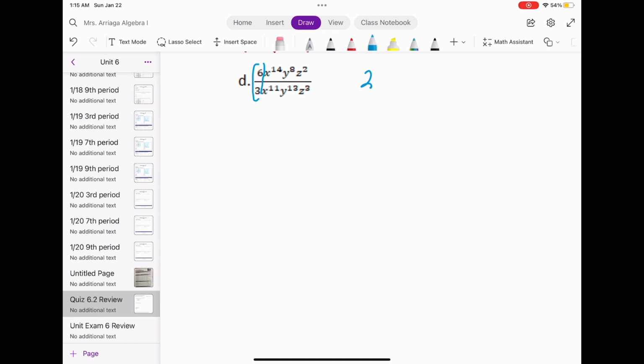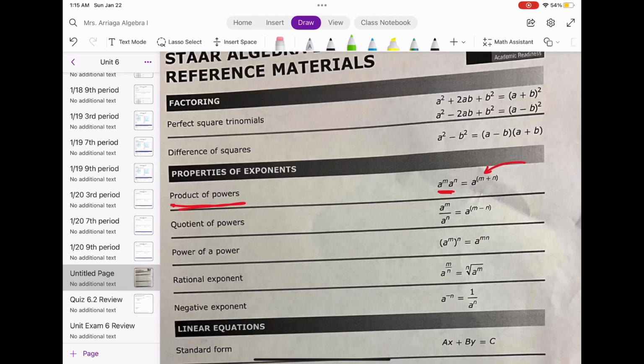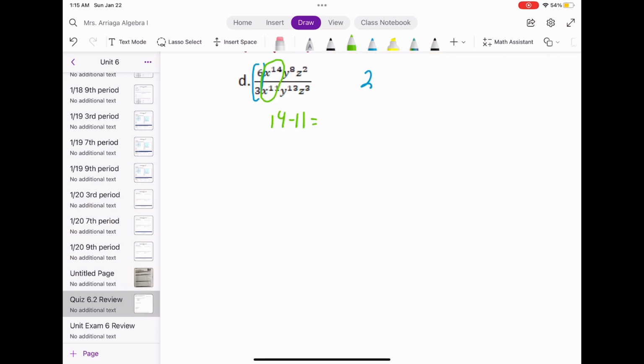Now let's go to the x's. x^14 divided by x^11. That's the quotient rule, which says whenever you're dividing the same base, you keep that base, but you subtract the exponents, right? So let's subtract the exponents. 14 minus 11 is 3. So we write x to the 3.